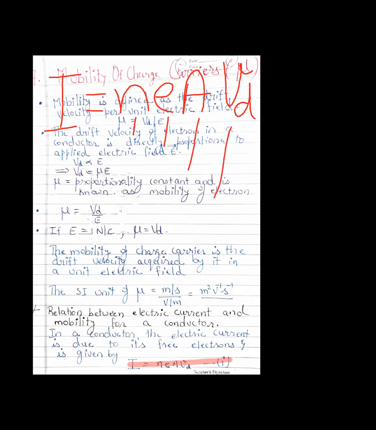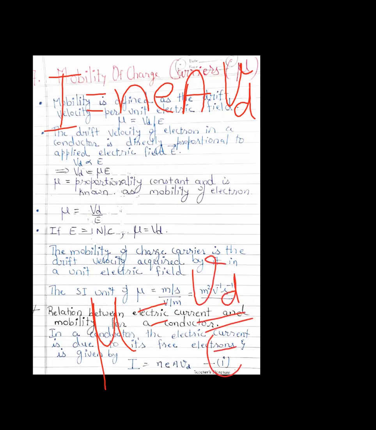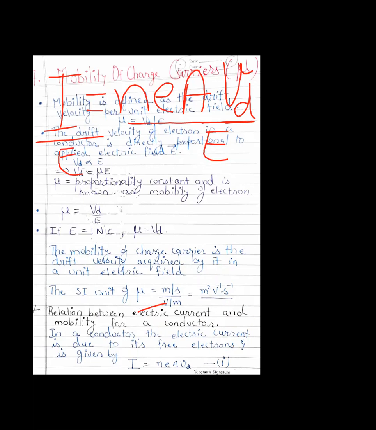Now here we need to derive the relation between current I and mobility mu. We know mobility mu equals Vd by E. So we divide by E on both sides, and vd by E can be replaced by mu.